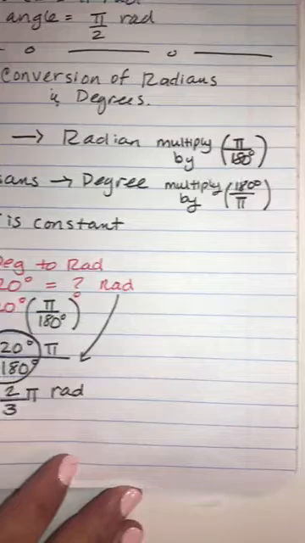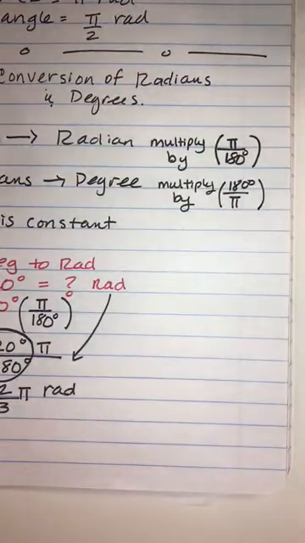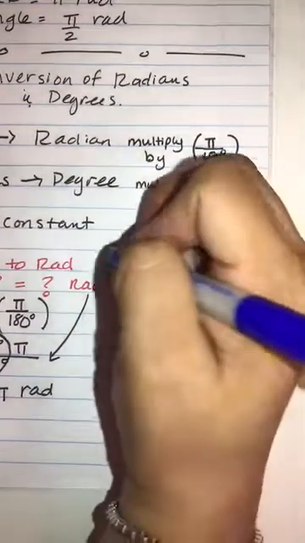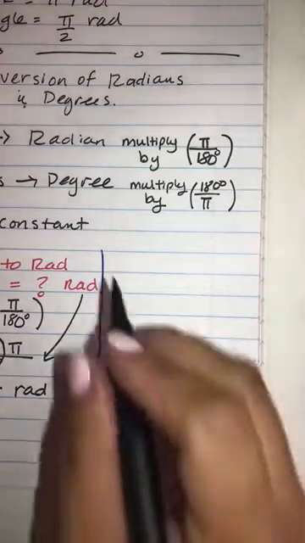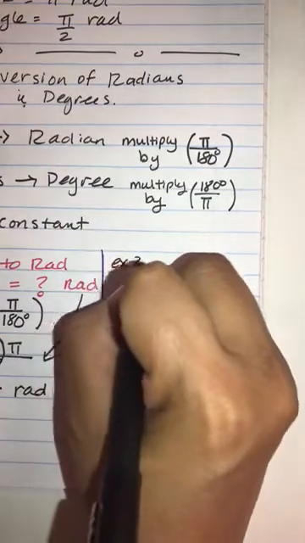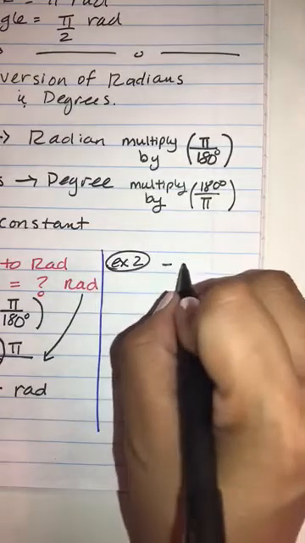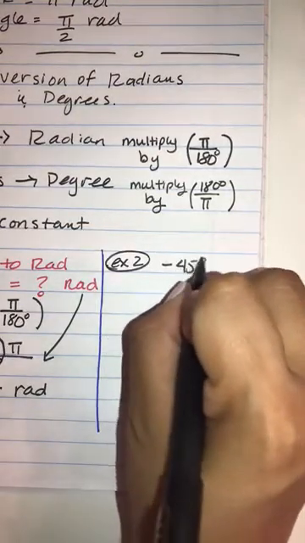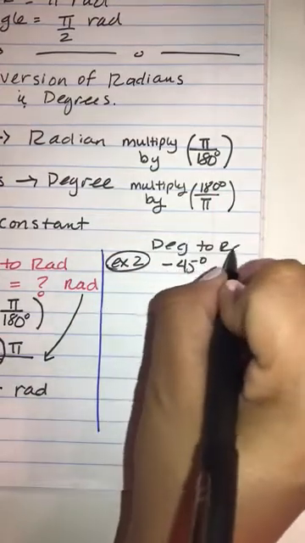The next example, so example 2, say we have negative 45 degrees. So right here you're saying degrees to radians.